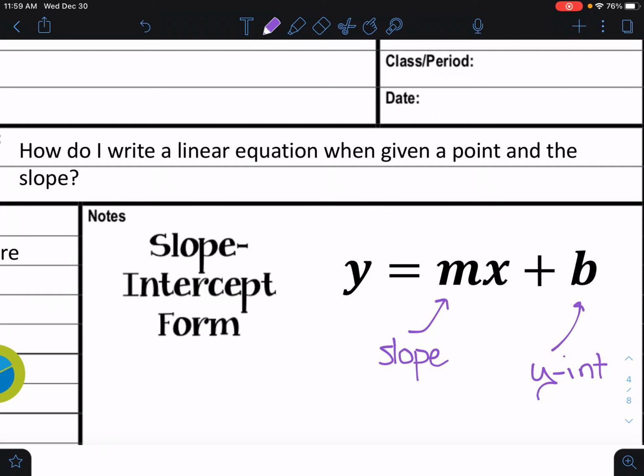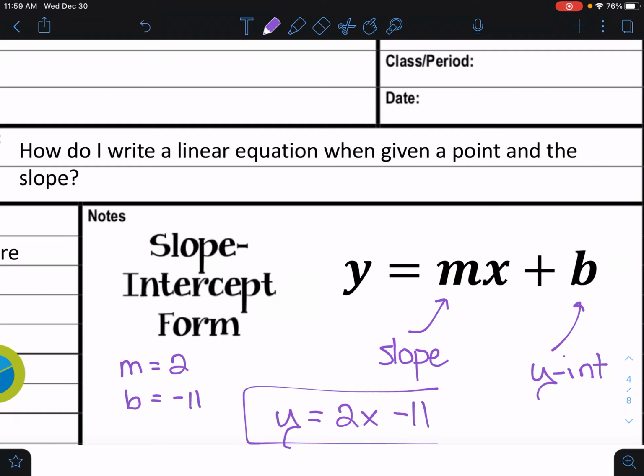So if I said the slope was 2 and your y-intercept was negative 11, you could say that the equation then is y equals 2x minus 11, and you'd have your equation. You would just need these two pieces of information though.